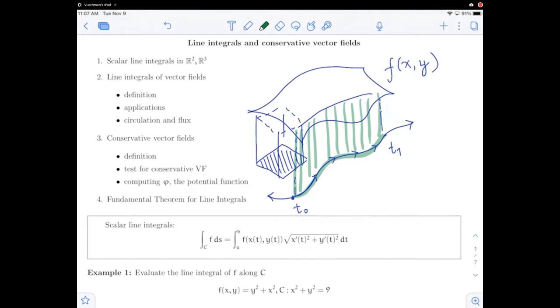And there are many applications in physics for computing line integrals. One such thing would be computing mass. If you have a density function and you're integrating it over a curve, really what we're computing is the mass. So that's just one quick interpretation of what line integrals are.